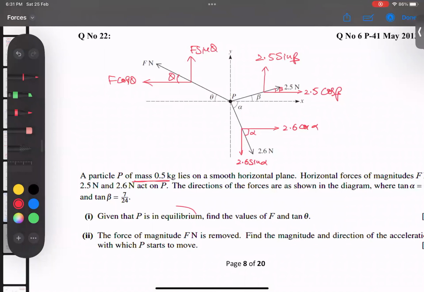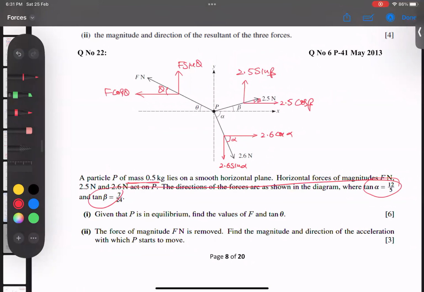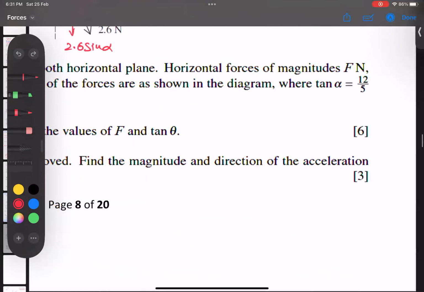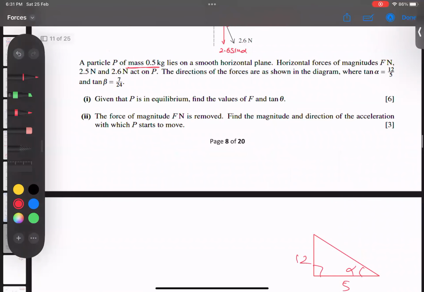Now he said equilibrium, and luckily one more thing is given by him, two tan values. I discussed many times that whenever we need exact values, we make a diagram. How to make the diagram? Tan alpha is 12 by 5. Why like this? Because in front of alpha is the opposite, and tan alpha is opposite by adjacent.